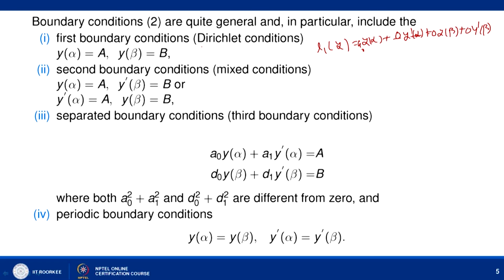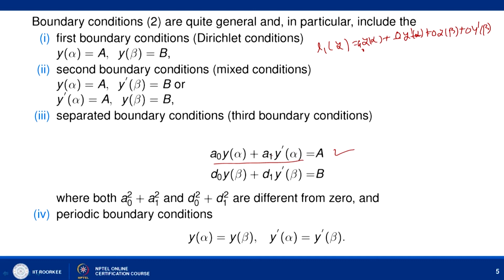Now, third, that is the separated boundary condition. It means that one condition is given entirely at one end point, and the other boundary condition is given at the other end point. So, here your L1y is defined only at x equal to alpha. We say A naught y alpha plus A1 y dash alpha equal to A and D naught y beta plus D1 y dash beta equal to B. Here A naught and A1 are non-zero, and B naught and B1 are 0.